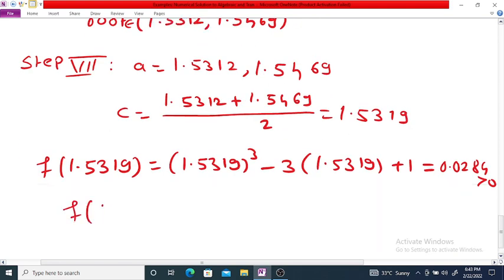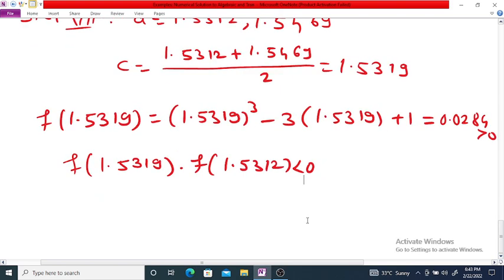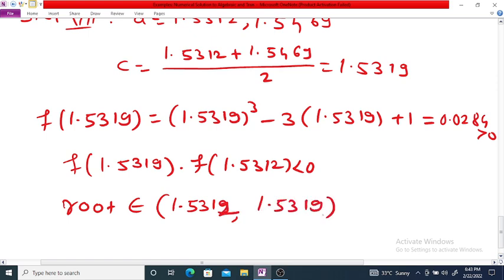So f of 1.5319 into f of 1.5312 is less than 0, and therefore for the next iteration our root lies in the interval 1.5312 and 1.5319.